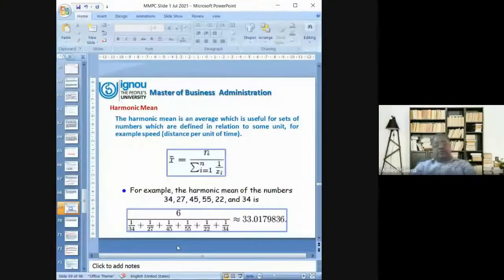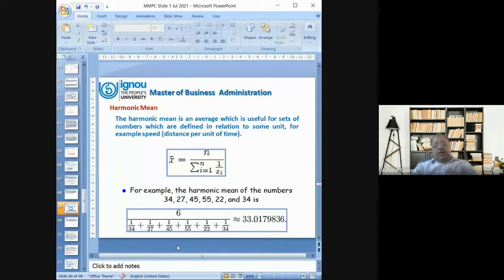You can write the formula for it. I'm showing it to you. It is n upon summation of 1 upon x.